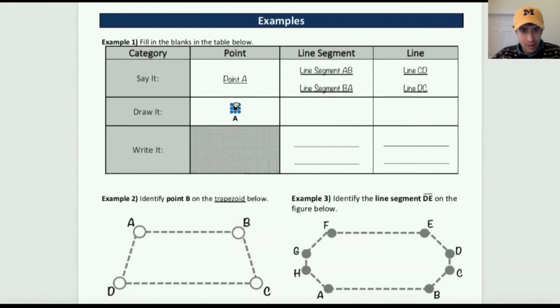Now if I move to line segment, remember line segments stop at 2 endpoints, so when I draw it out, I'm going to draw out 2 points. I'm going to have an endpoint right here, and an endpoint right here. They normally won't be this big, they'll be like this size.